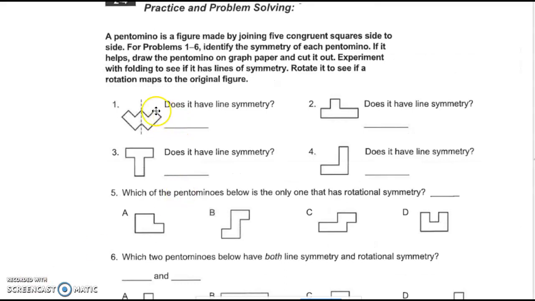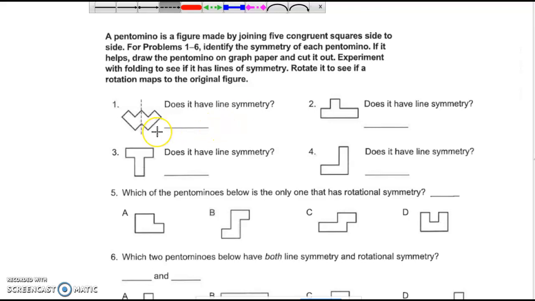All right, so we already decided number 1 has line symmetry, and that the only line of symmetry is the one that's drawn. Okay. How about number 2, Autumn? Line symmetry? No, because there's no line we could draw that would cut that figure in half, or not only cut it in half, but if we flipped it over that line, it would match up perfectly. How about number 3? Sierra, does it have a line of symmetry? More than one?